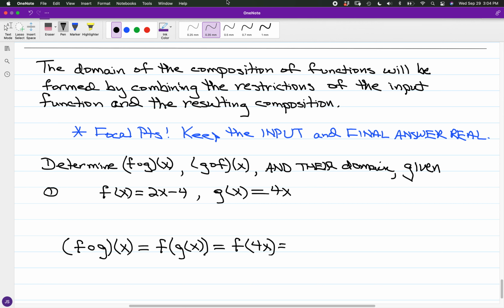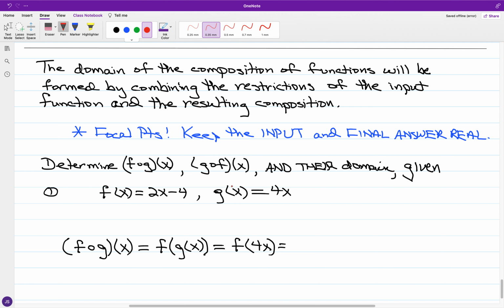So you've got your exterior function at f. Again, we have f of the input is equal to 2x minus 4, and f of the input g of x, so you've got 2 times g of x minus 4.